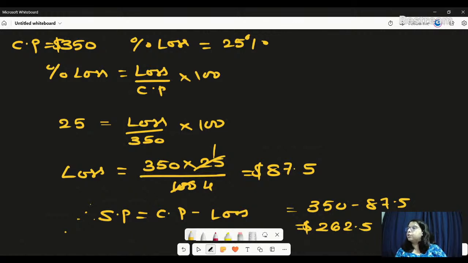Now we are going to work on discount. So what does discount mean? Discount means that there is something called a marked price. Marked price means the particular item is generally sold at this particular price. And then when it is discounted, that becomes the selling price.